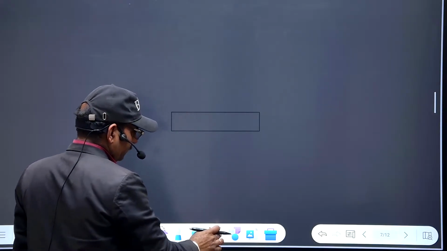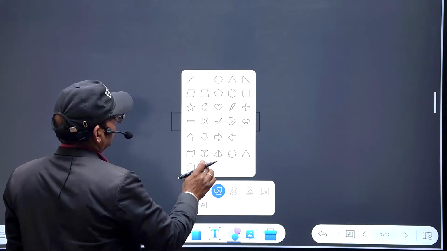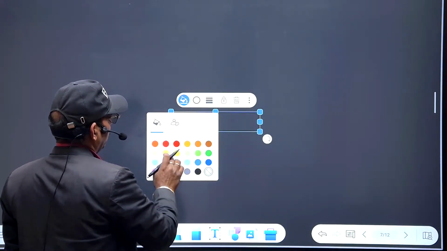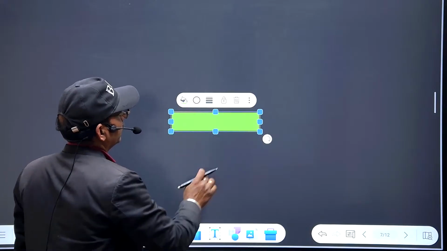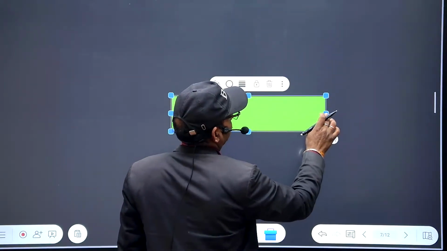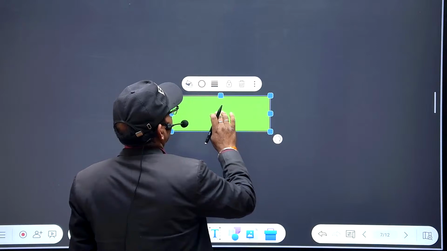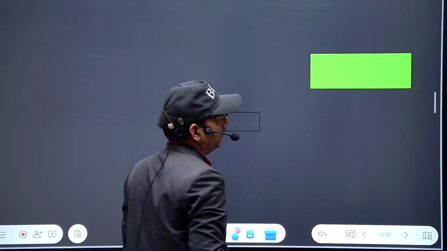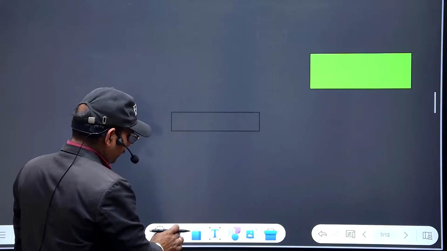Okay, this is the diagram. Now this is the rectangle. क्या है ये rectangle?